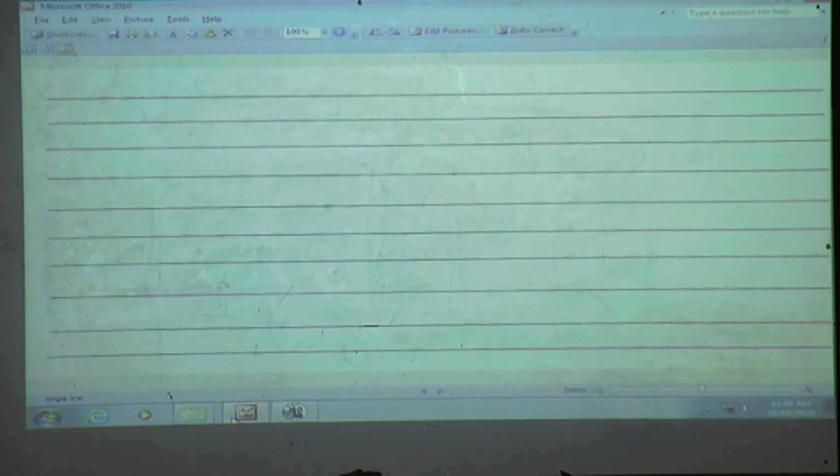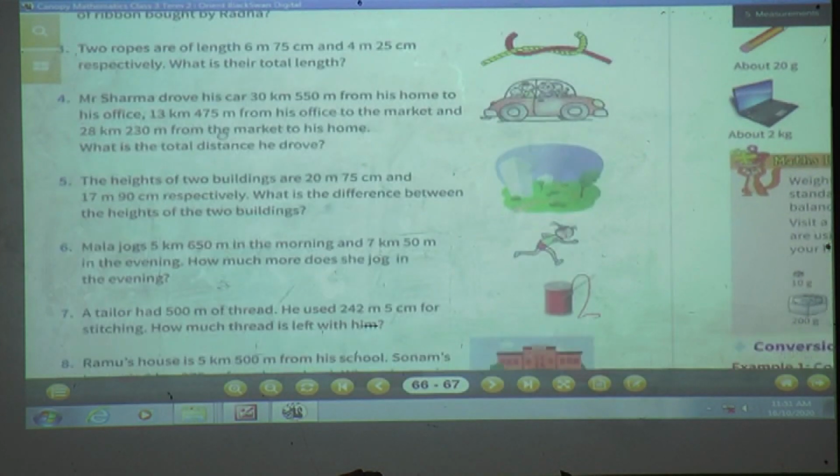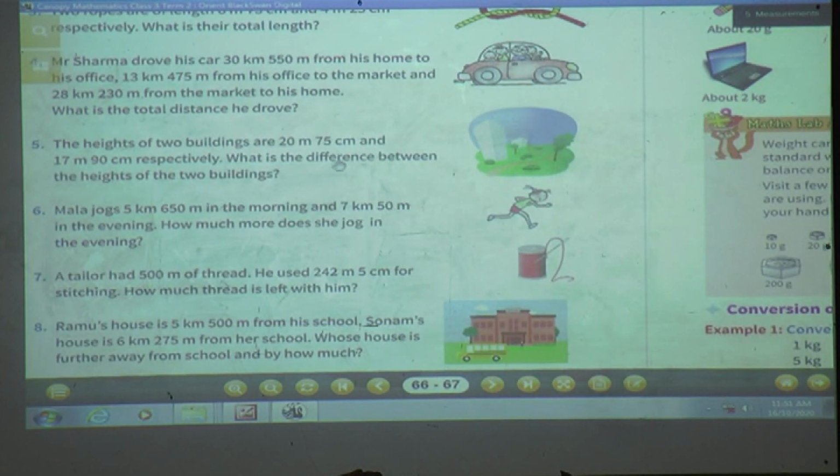Now we'll move to the next example, that is fifth number. The height of two buildings are 20 meter 75 centimeter and 17 meter 90 centimeter respectively.